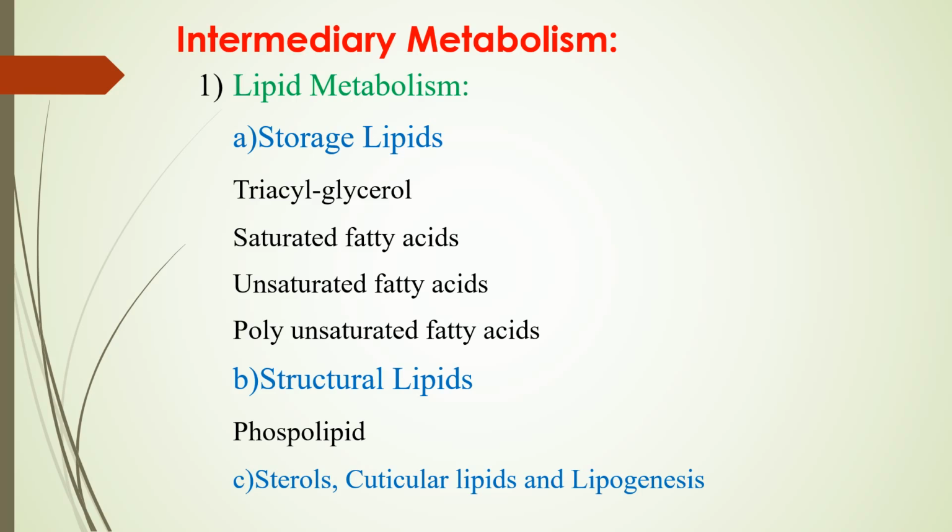Then lipogenesis. The fat body biosynthesis pathway is carried out by two types of enzyme systems. One is acyl CoA carboxylase and the second is fatty acid synthetase. The first enzyme carries out the carboxylation of acetyl CoA to a 3 carbon compound, that is malonyl CoA.